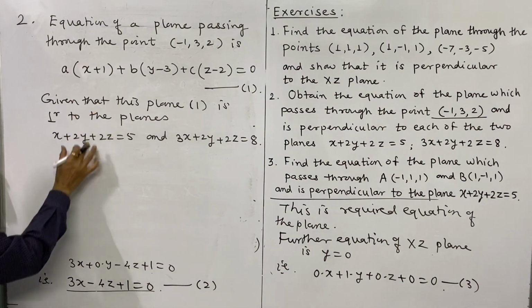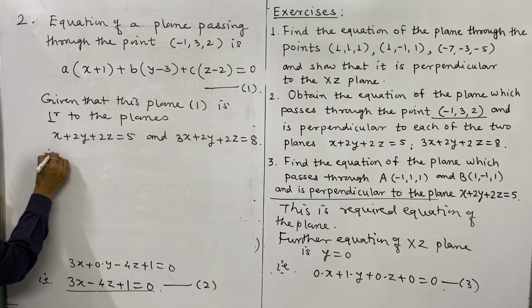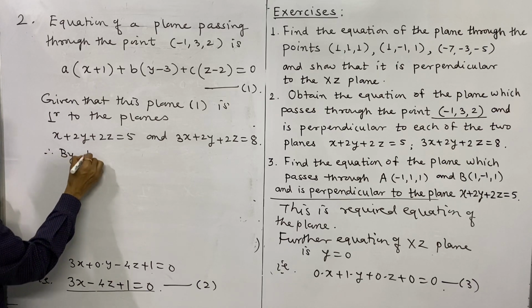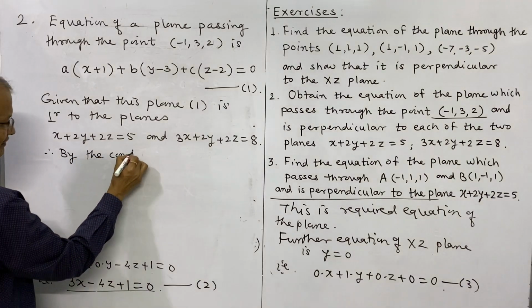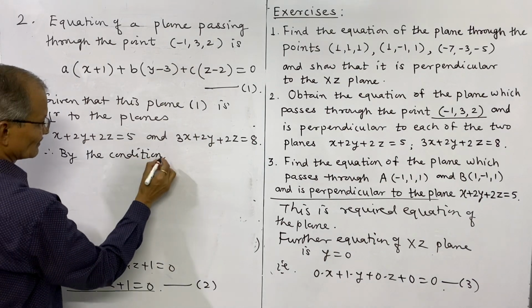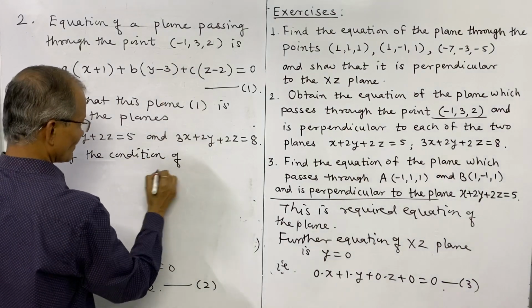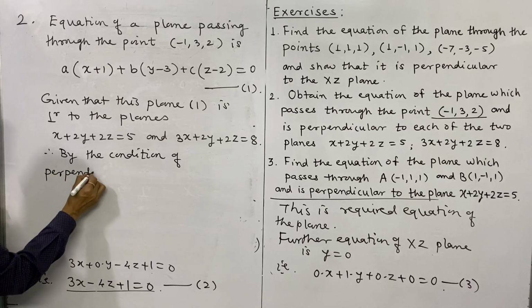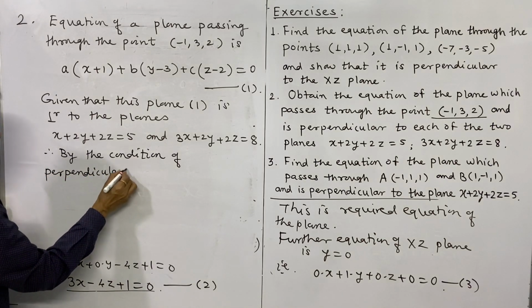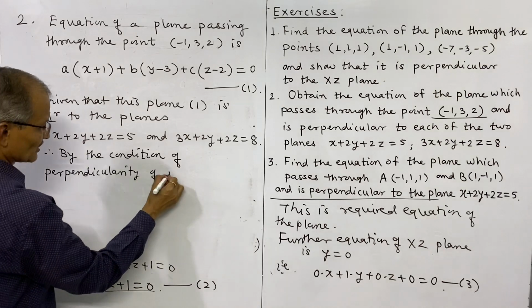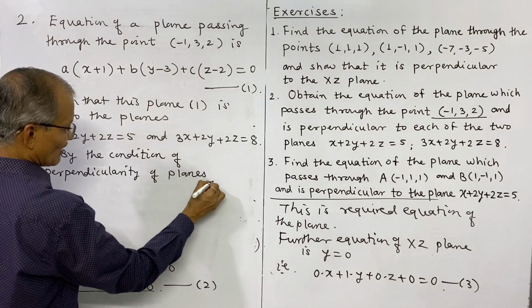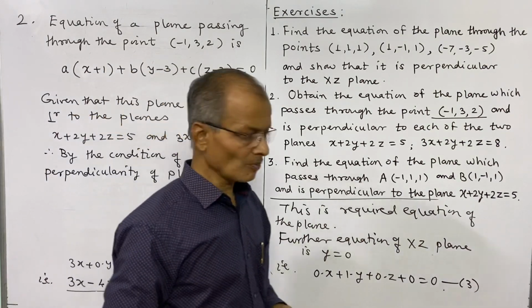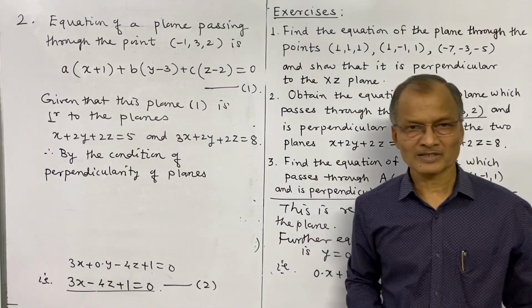The DRs of these are to be noted. Therefore, by the condition of perpendicularity of planes, when we say two planes are perpendicular, their normals are perpendicular.